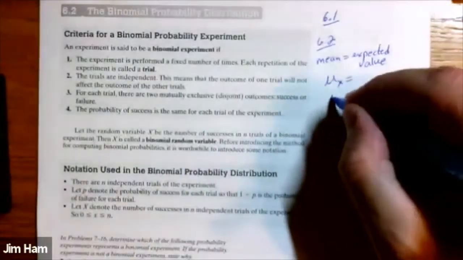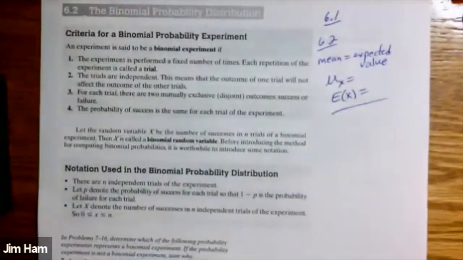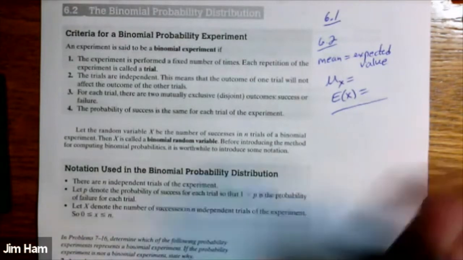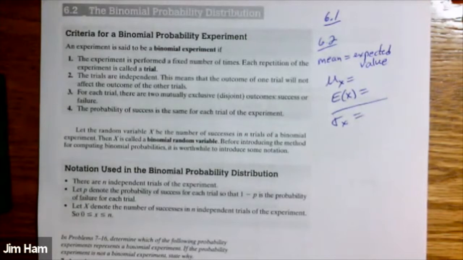The mu sub x, sometimes they use the expected value. So we're going to be calculating the same thing, it just comes with a simpler formula. We're also going to be calculating the standard deviation. And again, that comes with its own formula.